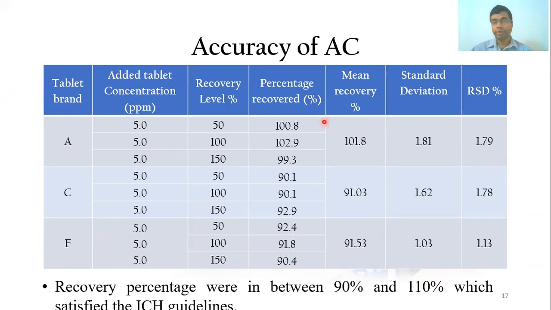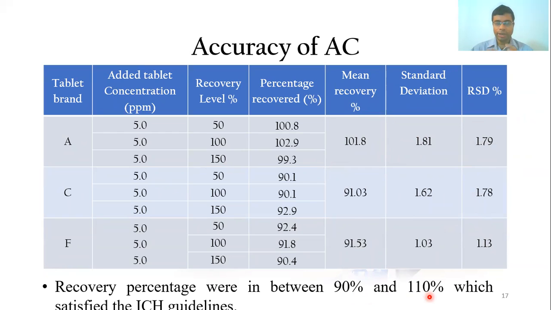Then we calculated the percent recovered. As you can see, the percent RSD values are again less than 2%, and also this recovery level is between 90% and 110%. In other words, it is 100% plus or minus 10%.